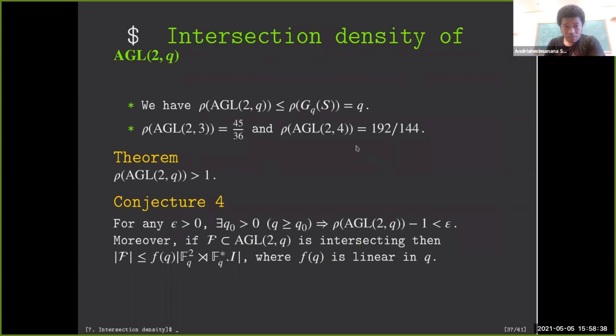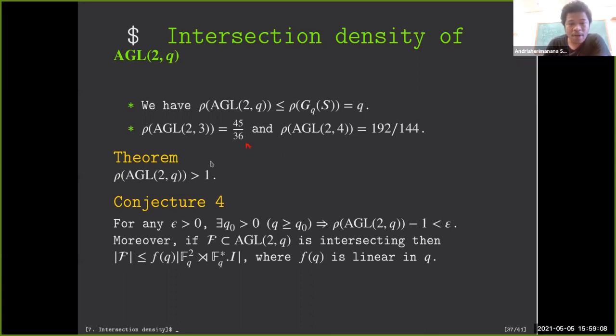The intersection density of AGL_2(q) is bounded above by q, and this follows from the No-Homomorphism Lemma that Karen used on Monday. And for AGL_2(3) and AGL_2(4), we were able to use SageMath to compute the intersection density. They are all greater than 1.